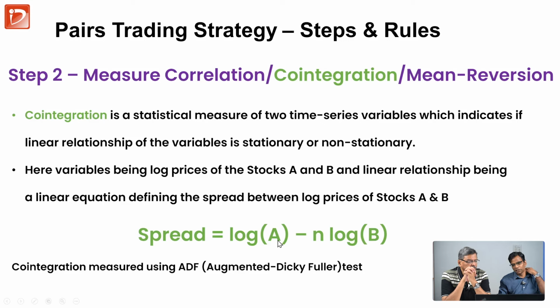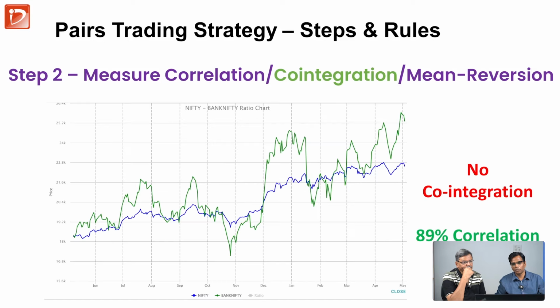N is a hedge ratio, calculated to normalize the data. Once we get the spread between the log prices of A and B, we measure a statistic called the augmented Dickey-Fuller test, which tells us whether a pair is cointegrated or not. I'll talk about those values at a later point.